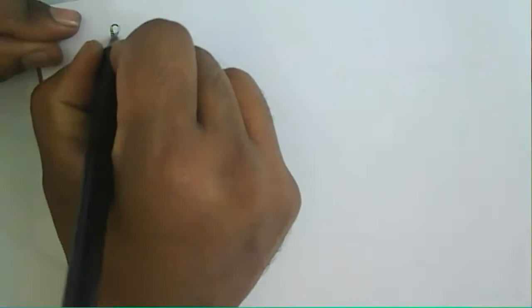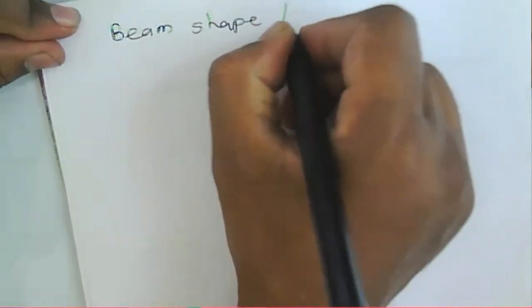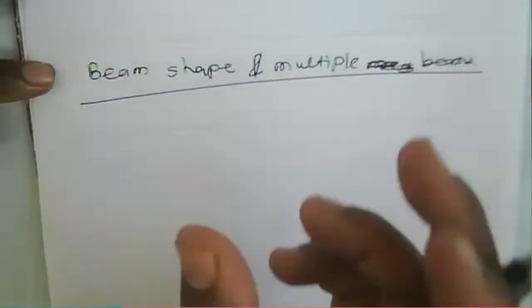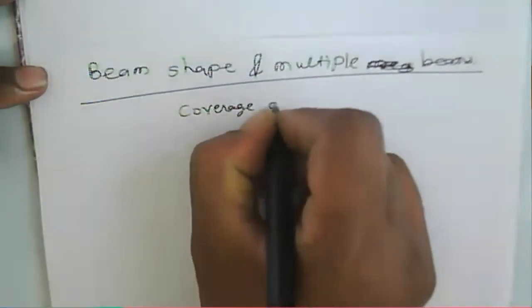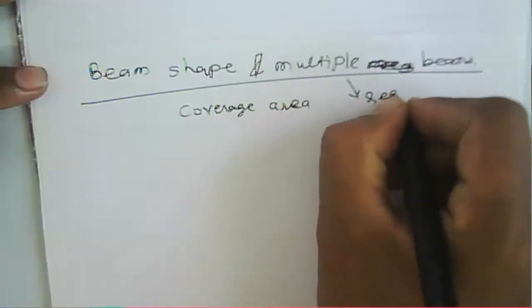The next parameter is the beam shape. There may be multiple beams there. The beam shape determines the area coverage, or coverage region.